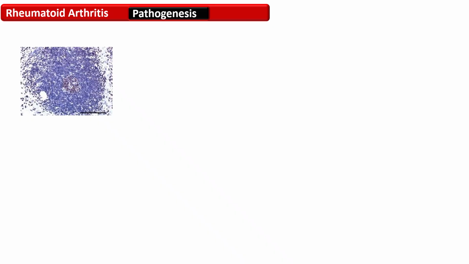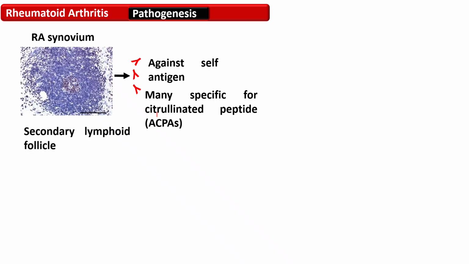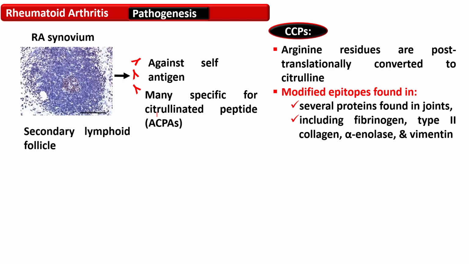The synovium in rheumatoid arthritis contains numerous active germinal follicles, and these germinal follicles are responsible for the secretion of various immunoglobulins by the plasma cells. These antibodies are basically against self-antigens, and many of them are specific for citrullinated peptides.